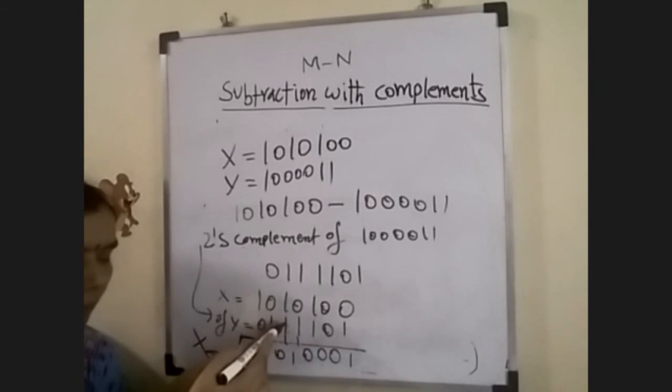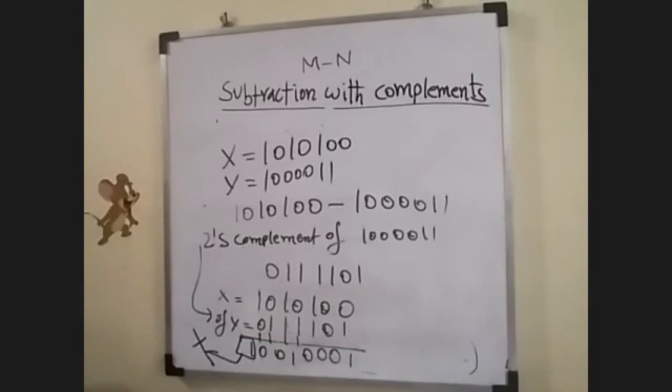That means sum 1, carry 1. Is it clear? So the final result is 0001110001. Still any doubts?